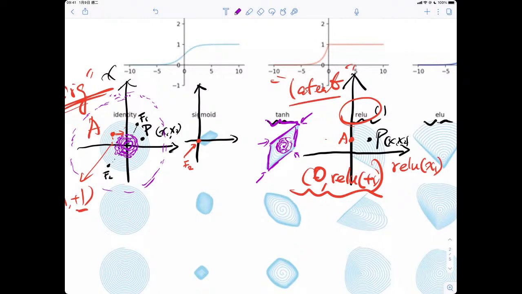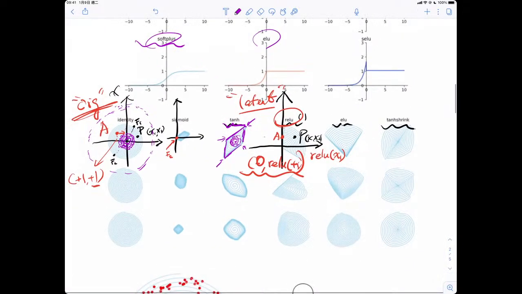There are several different types, so please take some time to look at these figures. If you don't apply any activation function, your input and output will be the same. If you use the sigmoid function, the data on the negative side will be squeezed to the 0 point.